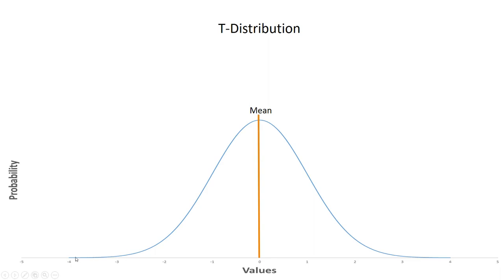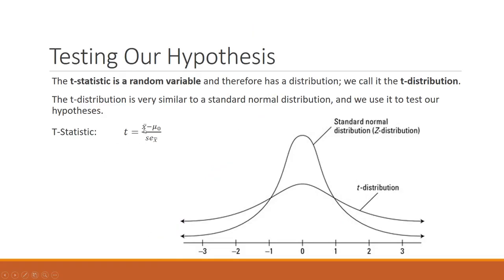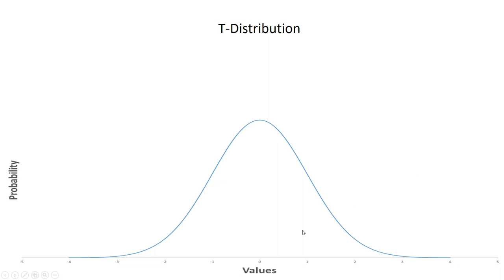Okay, but just to make this clear, this t-distribution is the distribution of possible t-statistics. The distribution of possible t-statistics is based on values of our sample mean. All this is doing is kind of normalizing our particular observed value so that we can know how extreme it is and we can test our hypothesis. All right, but we're going to go through it step by step to see how this hypothesis testing works.